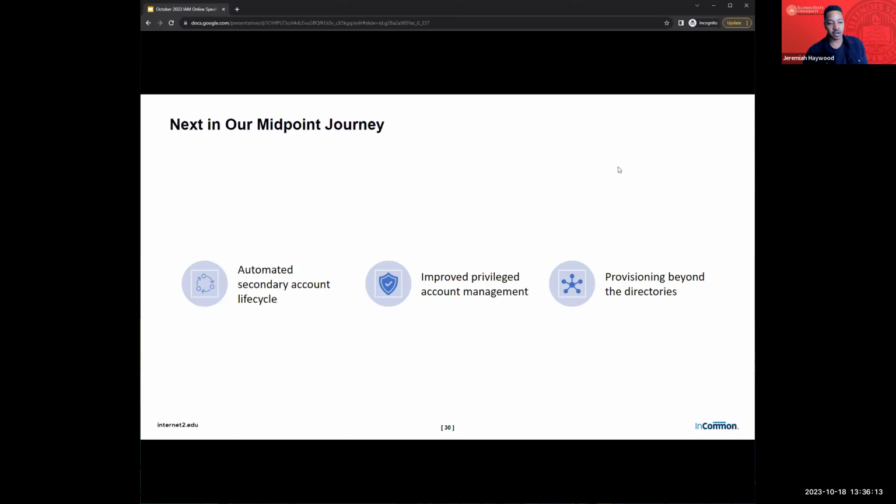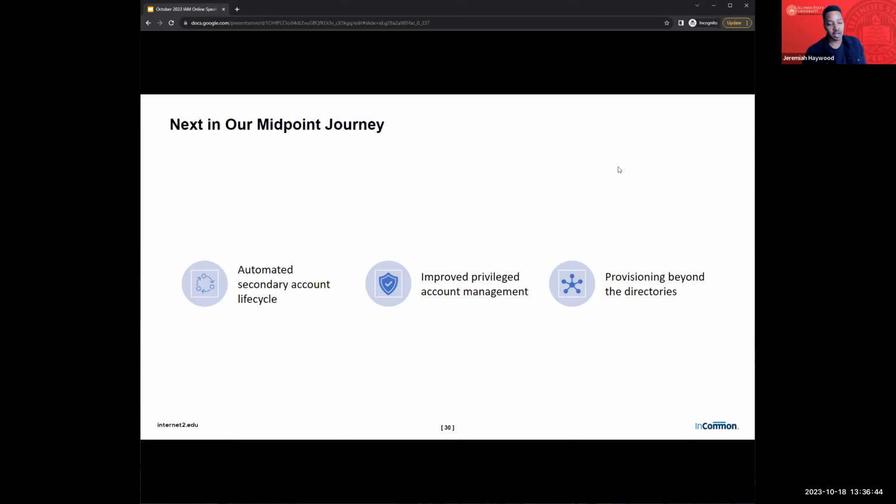But with our new applications Grouper and Midpoint, we're able to use those features to tie them together and link them up, so we can have some automation around the life cycle of admin accounts or student employee accounts, where an employee leaves the university and they're no longer affiliated as, say, a civil service employee. Their admin account will automatically start a deprovisioning process, whereas prior we had to do that completely manually.